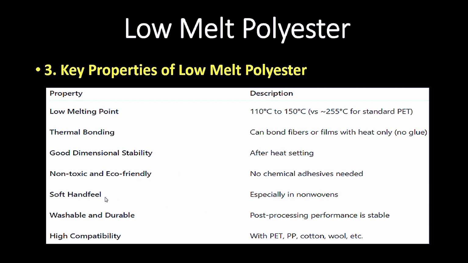The second last property is washable and durable. Post-processing performance is stable. The last property of low melt polyester is high compatibility with PET, PP, cotton, and wool. It can be used in blending with fibers like PET, PP, cotton, and wool.